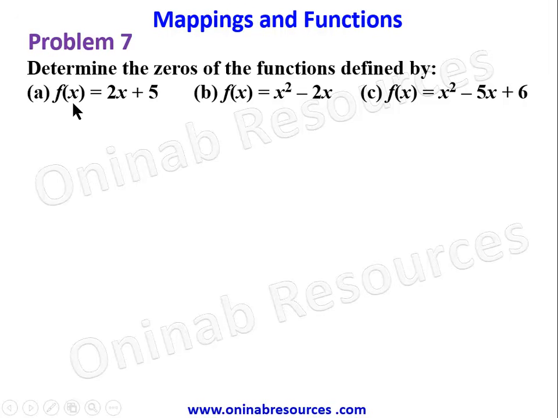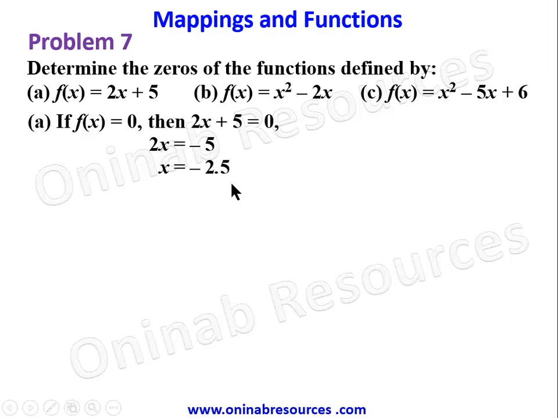From problem A, if f of x is equal to 0, then 2x plus 5 is equal to 0. We can then solve this linear equation. So we have 2x is equal to negative 5, and dividing both sides by 2, x is negative 2.5.